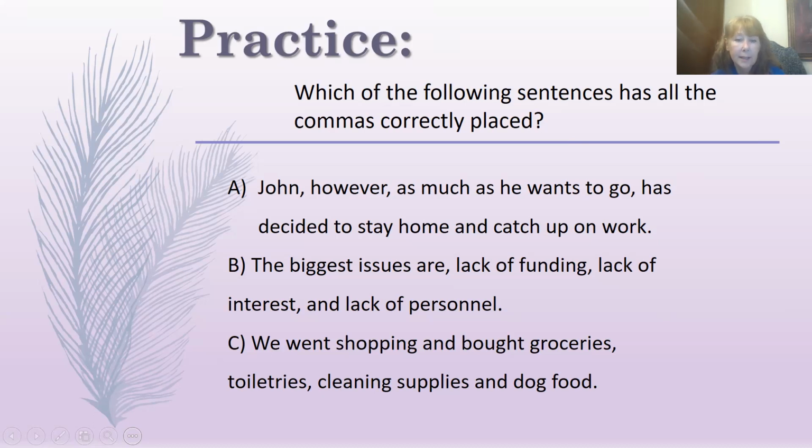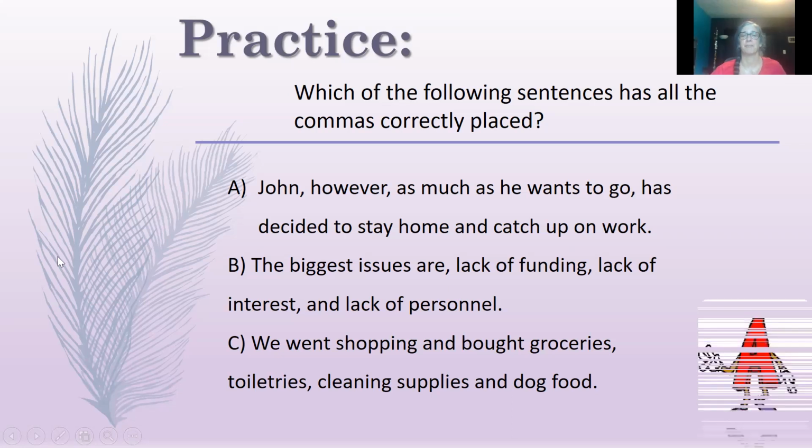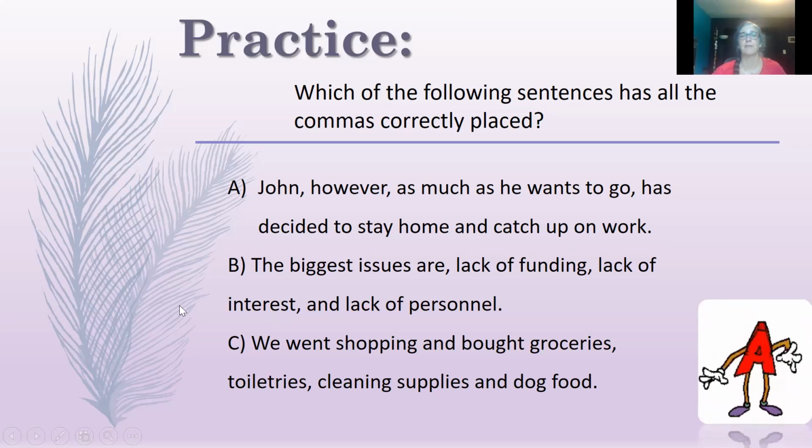And then the second one, the biggest issues are lack of funding, lack of interest, and lack of personnel. And we went shopping and bought groceries, toiletries, cleaning supplies, and dog food. So the other two are wrong because with the biggest issues are, you don't need a comma before the list. Good. And then the second one, you need a comma before the and. Perfect. Good job. Yeah, that one was a little tough, but you did fantastic. Yep, I love the way you dissected it and looked at the comma usage.